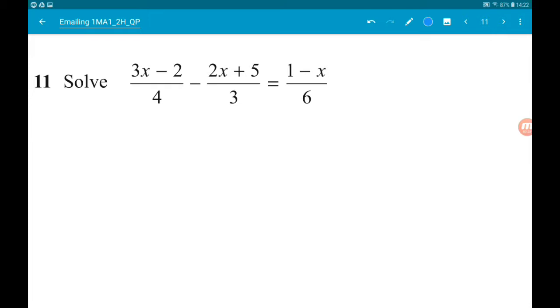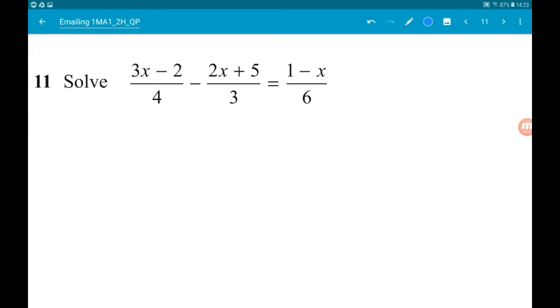The method that I'm going to use is, first of all, making all of the denominators equal. So, the first number that 4, 3 and 6 go into is 12. So I'm going to turn each of the bottoms into 12.